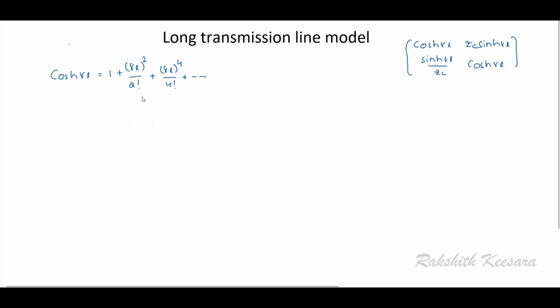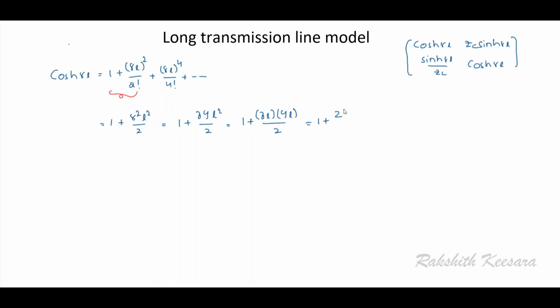Since it is just an approximation, we will be considering only the first two terms. This gives 1 plus γ square l square by 2, which is equal to 1 plus zy into l square by 2. This I can write as 1 plus zl and yl by 2. This gives 1 plus zy by 2.